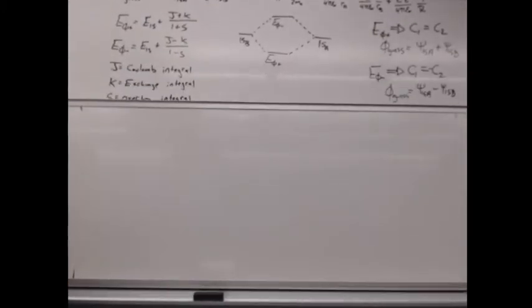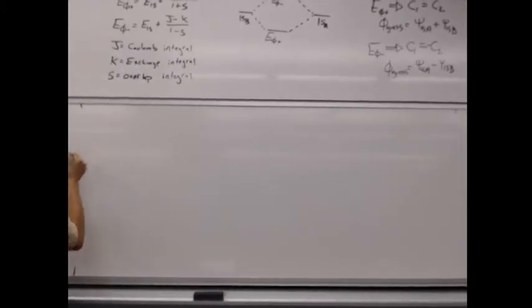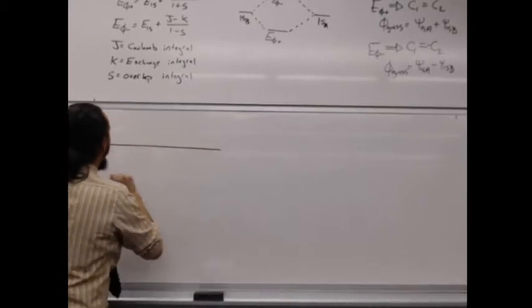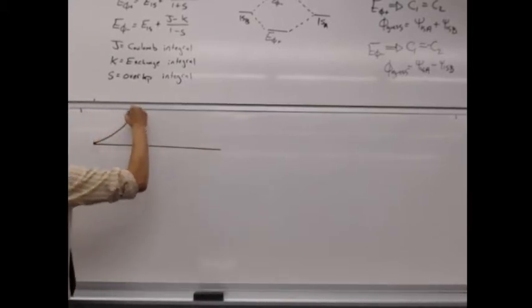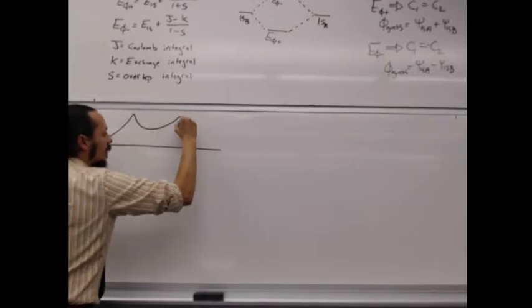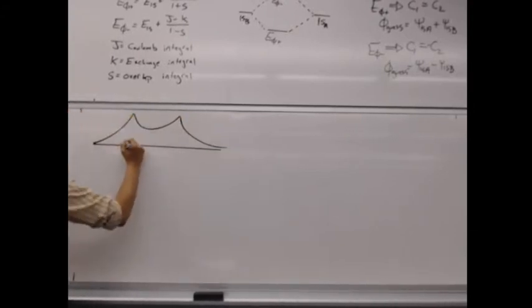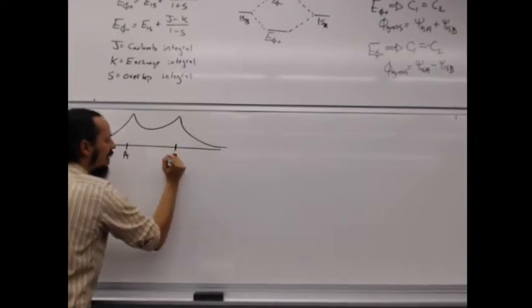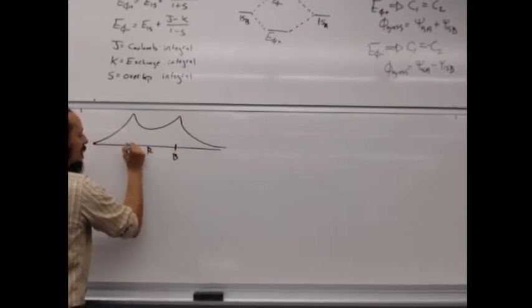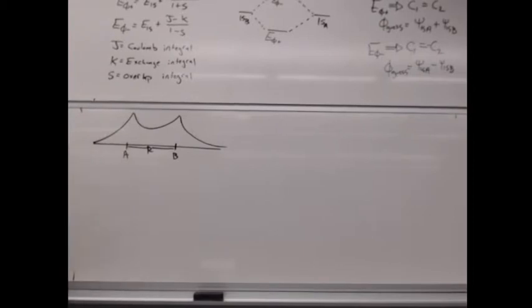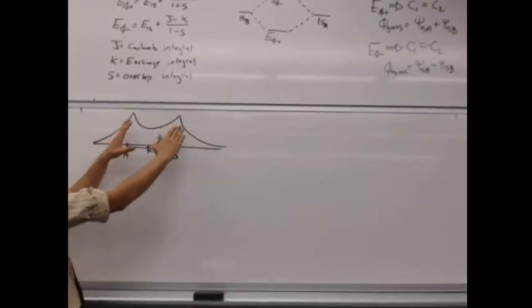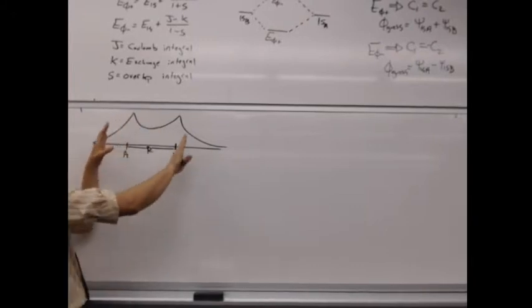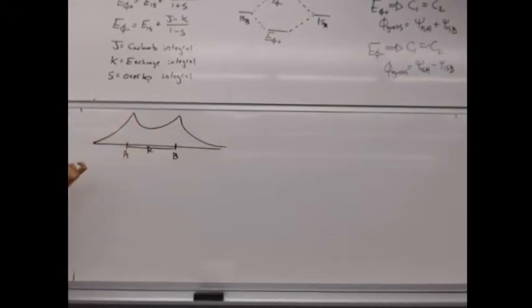And we get two pictures. One of those pictures looks something like this, where this would be where nucleus A is, this is where nucleus B is, and that distance between them is that distance r between them. And we can see as we change this internuclear distance, how much we have overlap, how much we don't have overlap, that picture is going to change.